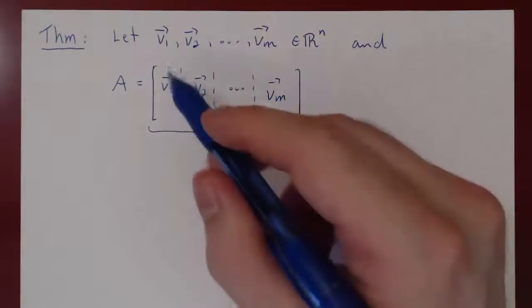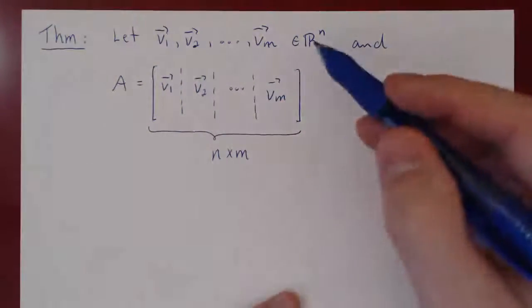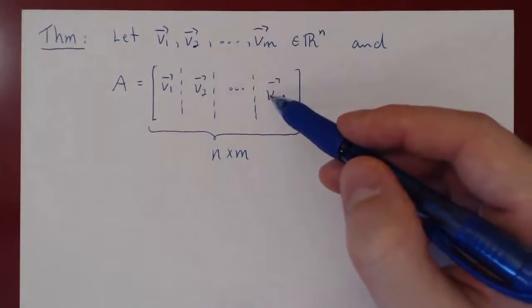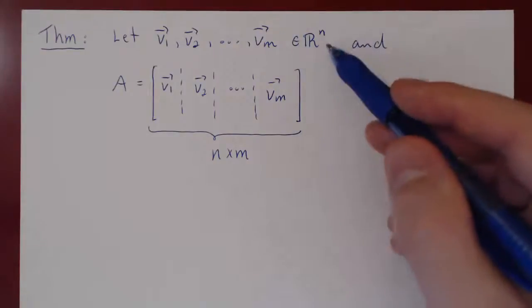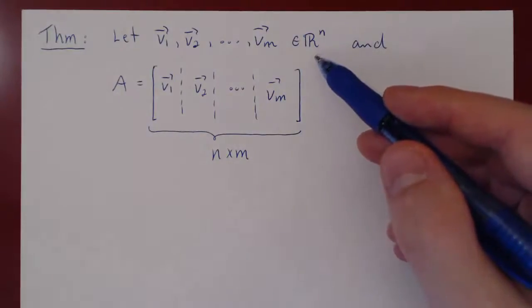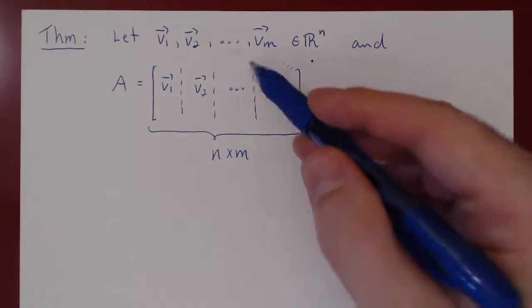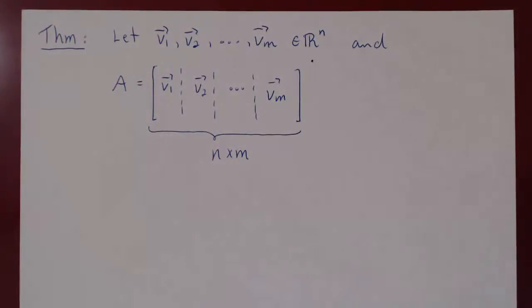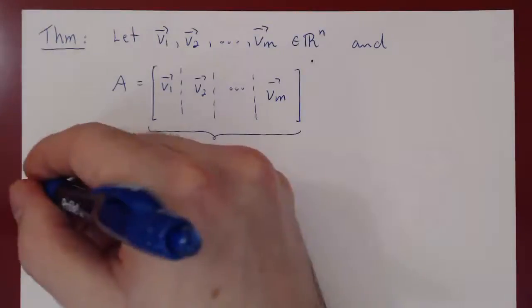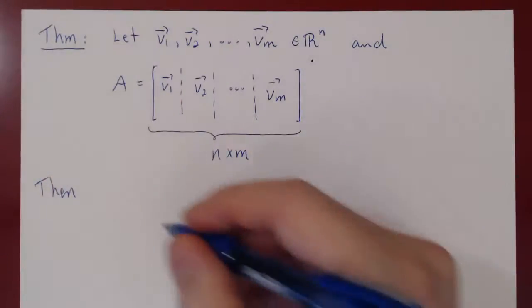So this is our setup, right? We said, given m vectors in Rn, build this matrix, and the question we were after is, will these m vectors generate Rn? And our conclusion is, if and only if the reduced row echelon form of this matrix contains n leading ones. And that is our conclusion.